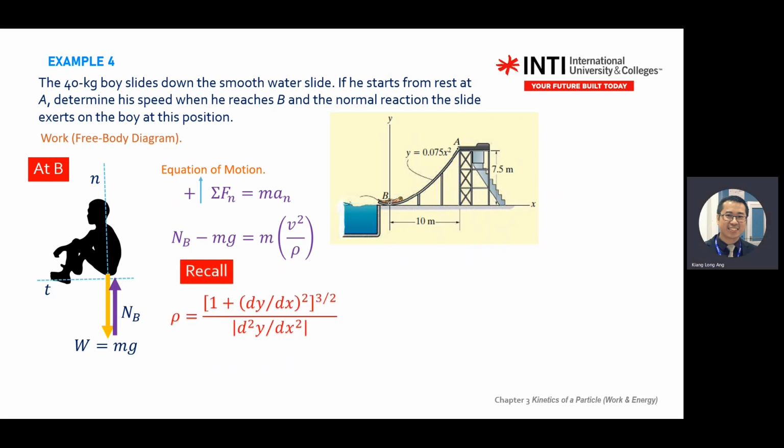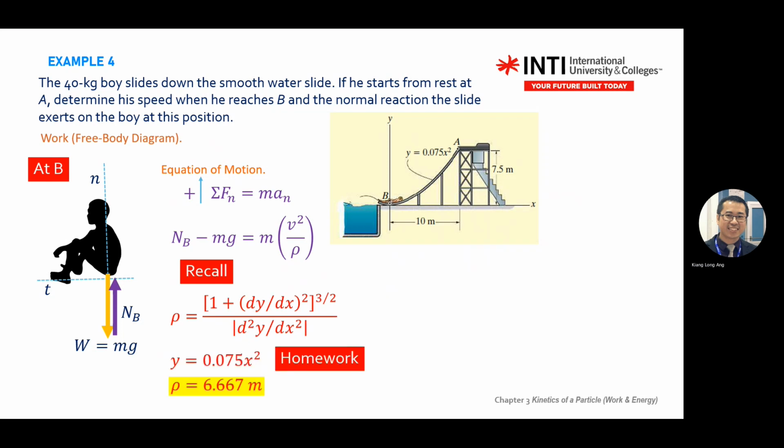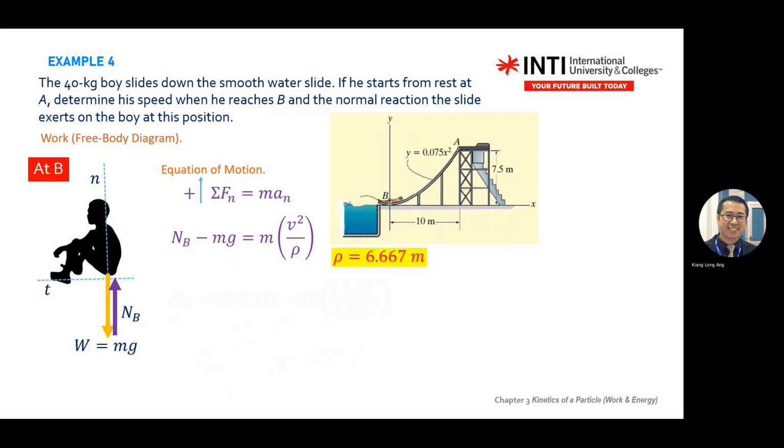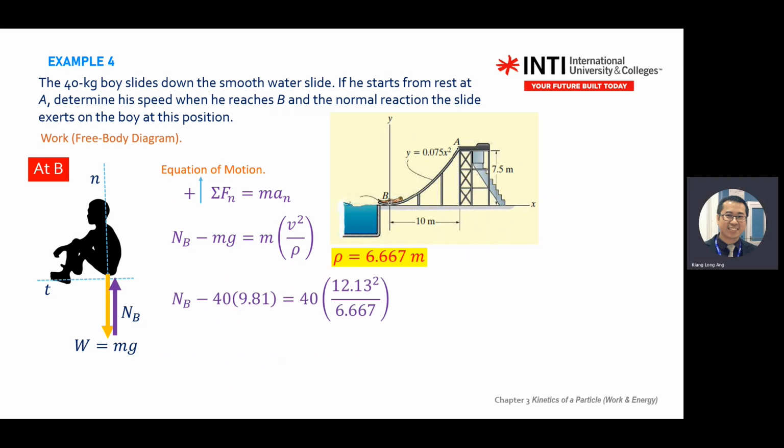So you need to differentiate this one: dy/dx equals what? Then double differentiation of y. What do you get? You get your rho. You substitute it inside here, you solve, and you get your NB.